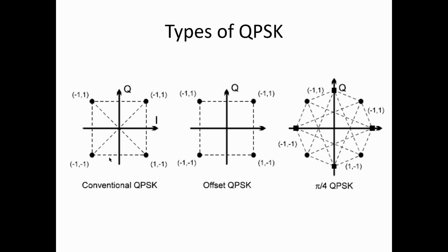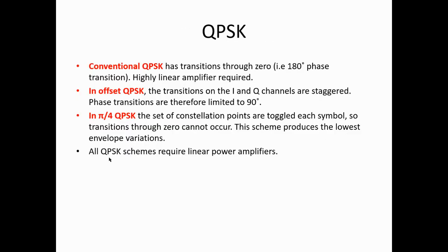So the phase shift has to be reduced from 180 degrees to 90 degrees or less than that. To reduce the phase shift, we go for different versions of QPSK, called OQPSK, offset QPSK, and the second concept is pi by 4 QPSK.